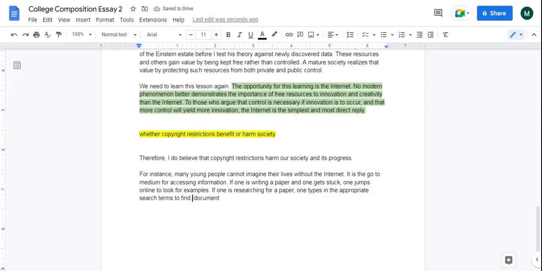If one is researching for a paper, one types in the appropriate search terms to find the necessary documents, or the necessary sources, to complete a task. I don't want to use "access" back to back.